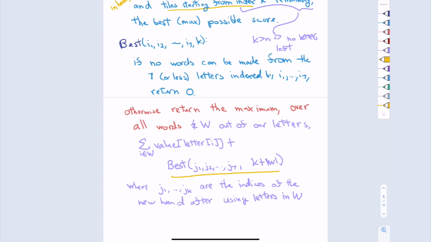Now the base case where there is no subproblem is very easy to see. If there's no words left, then the only thing you can do is 0, and I feel very confident about this. And in the general case, I assume I can deal with fewer tiles left optimally.